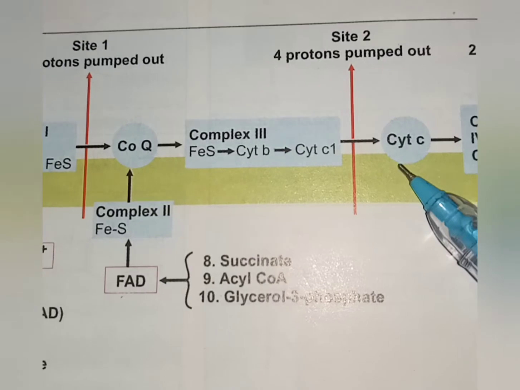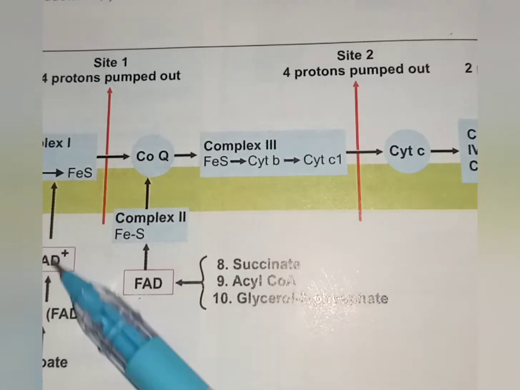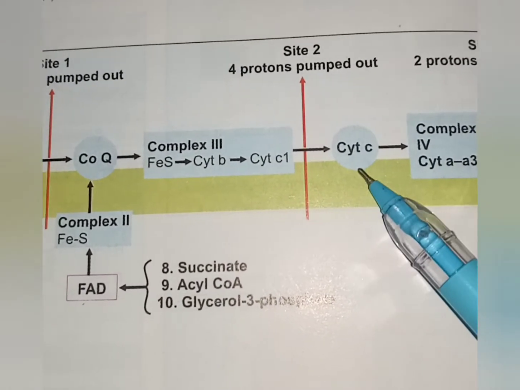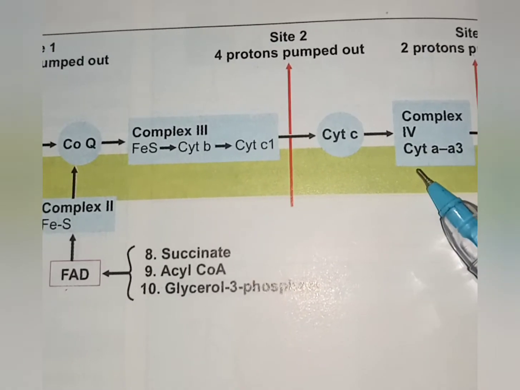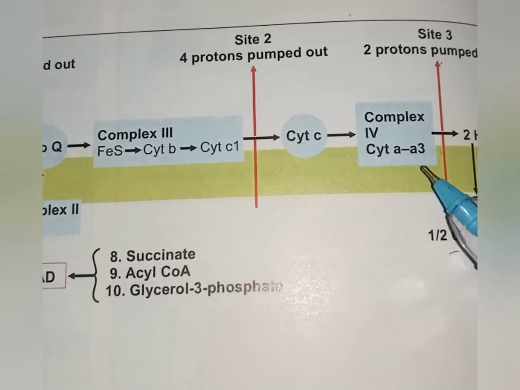Now cytochrome C has received the electrons from complex 3. Now cytochrome C will transfer its electrons to complex 4. What is complex 4? Cytochrome a, a3, and with 2 copper centers also.